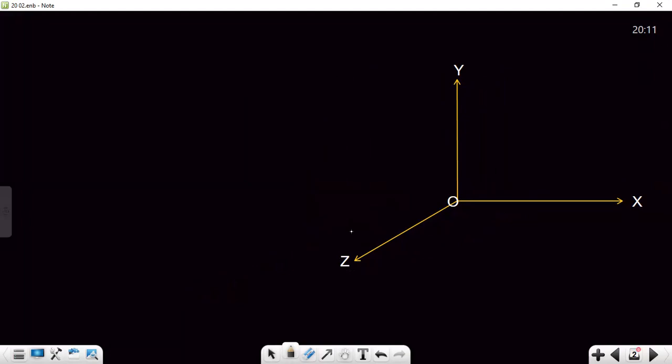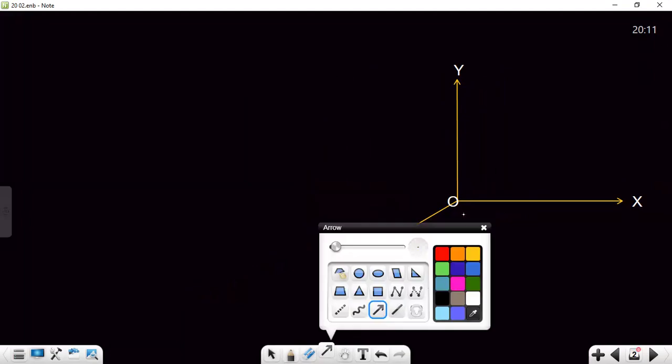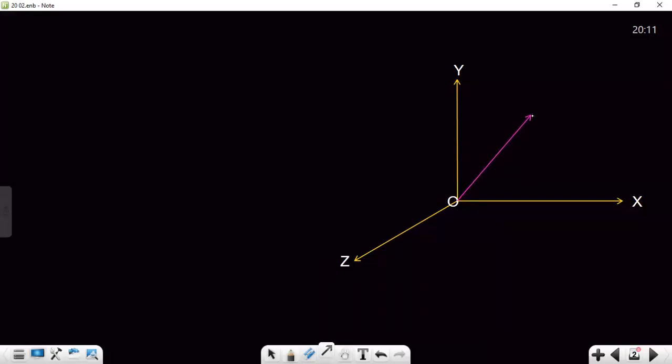Let us assume there is a line. First, let's talk about the same concepts that we have discussed in the chapter, that there is a vector. This is a vector A. Vector A is A1 i cap plus A2 j cap plus A3 k cap.